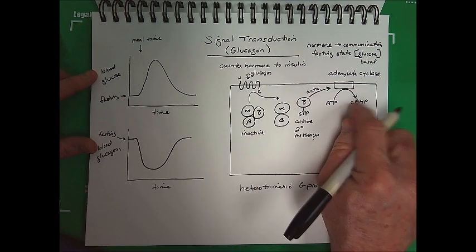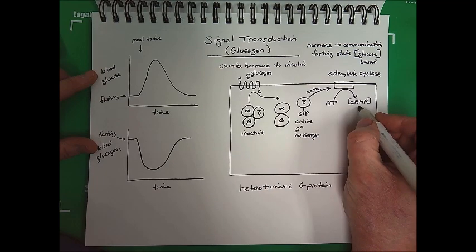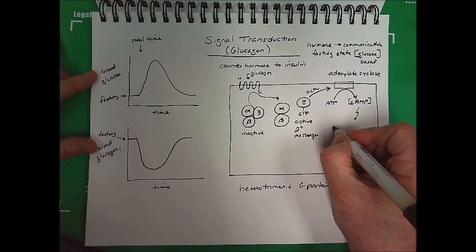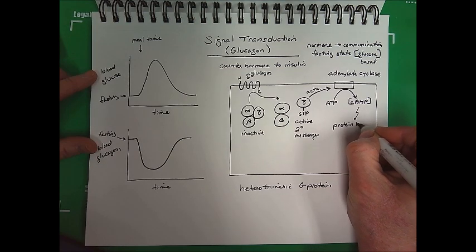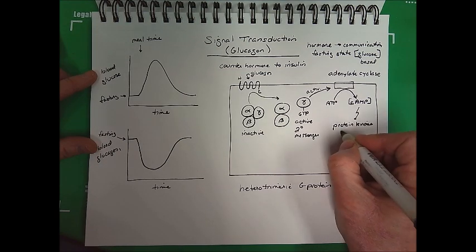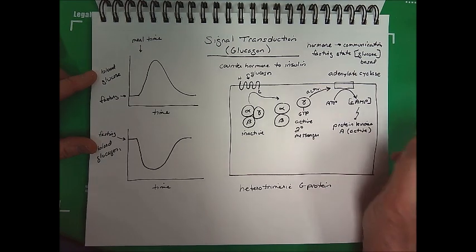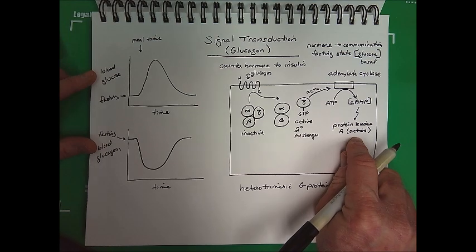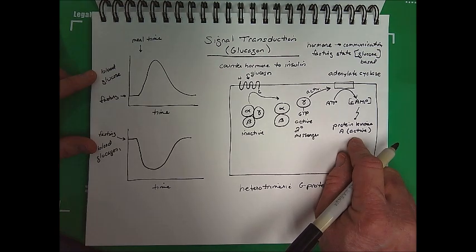Now once our cyclic AMP concentrations rise inside the cell, this is going to activate another enzyme called protein kinase A. And it does so by binding to the protein, to the enzyme. It's a cofactor. In our kinetic terms, you can call this an allosteric activator.